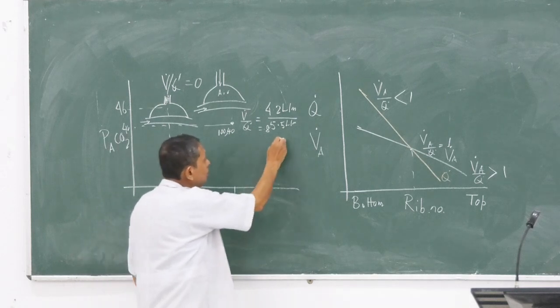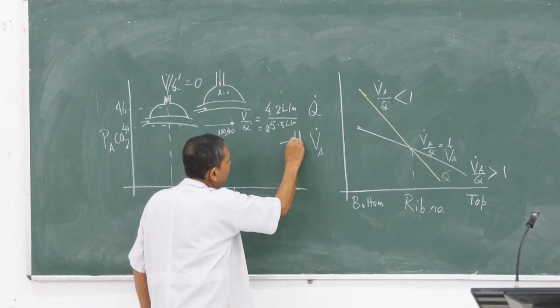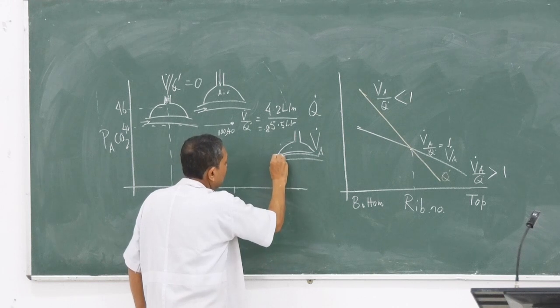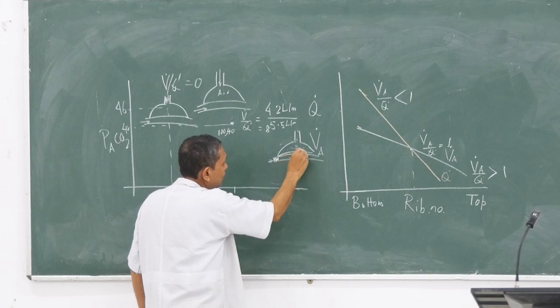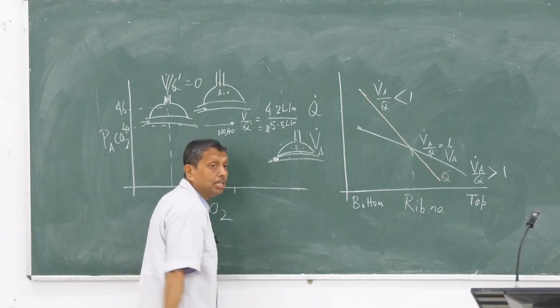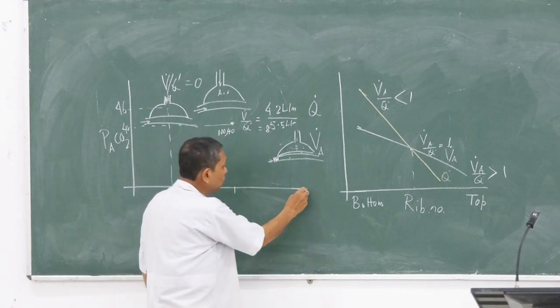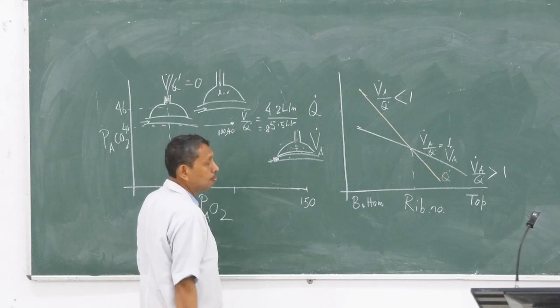And where there is no perfusion, where ventilation is occurring but there is no perfusion, it is blocked. So air will come into the alveoli and equilibrate, and it will be equal to that of the inspired air, where PCO2 is 0 and PO2 is 150.